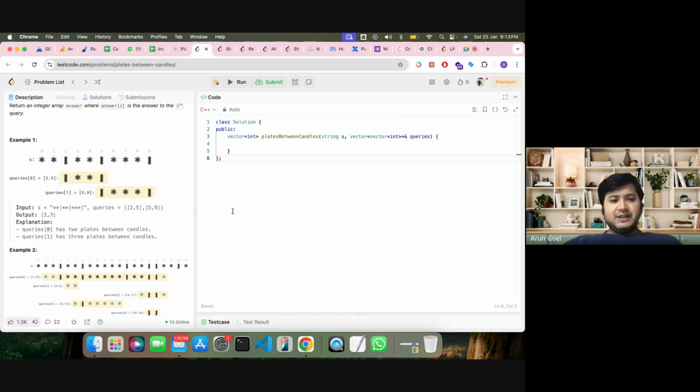Yeah. So let us say this is the thing. Okay, we create an array which basically stores how many plates are there till the ith index.